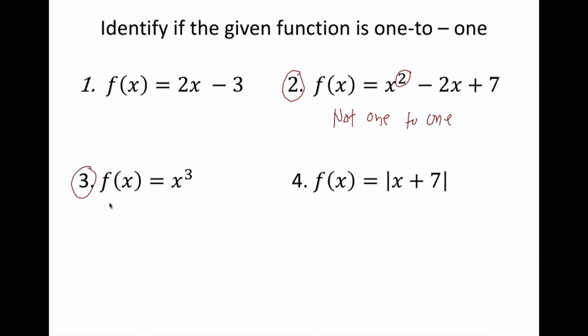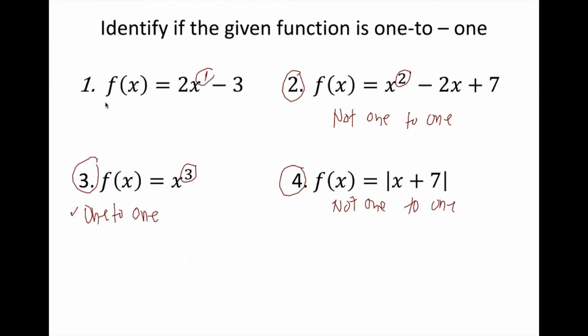This is absolute value, so this is not one-to-one. And this one is one-to-one. In the example presented, again, the degree is odd, so this is one-to-one. This one also, the degree is odd, so this is one-to-one.